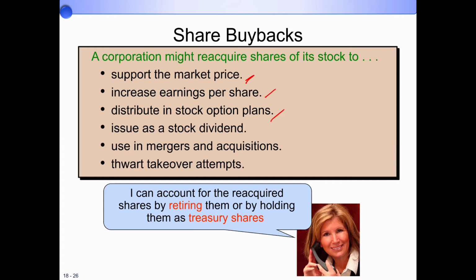Remember, in the original documents, we need to state the maximum amount of shares we can issue. If we already reached that cap, we won't be able to issue any more shares, unless we purchase back from other shareholders, from the market. Then we have those shares, and we can issue them to our employees. So these are just a couple of reasons.